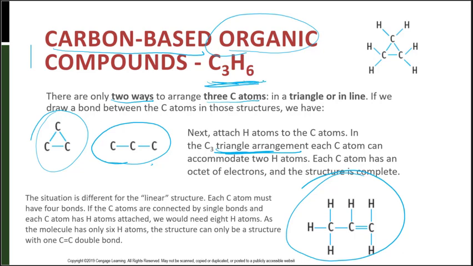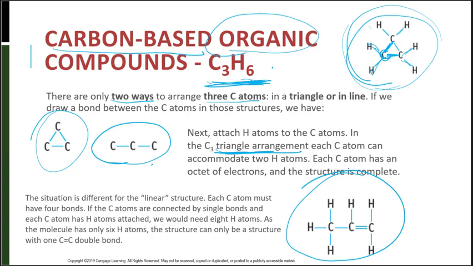Keep in mind, I now have to have 6 hydrogens, and we know each carbon can have 4 bonds. Off of this bottom left carbon, if there's a bond to that carbon and a bond to that carbon, that's 2, so we need 2 more H's off of each one, so that would be 6 hydrogens.